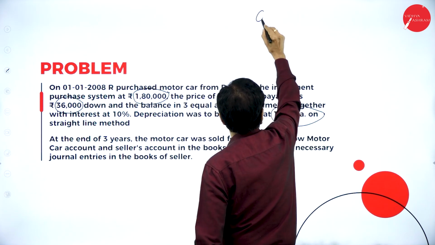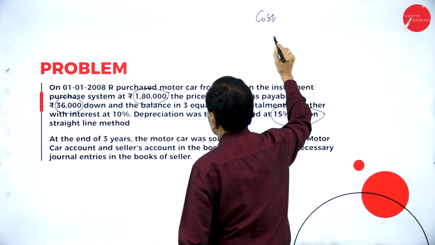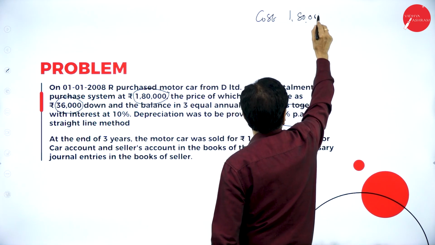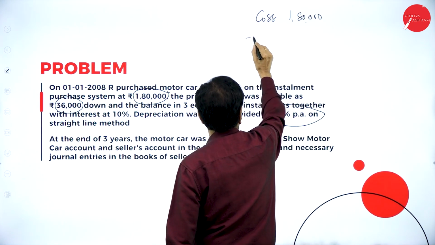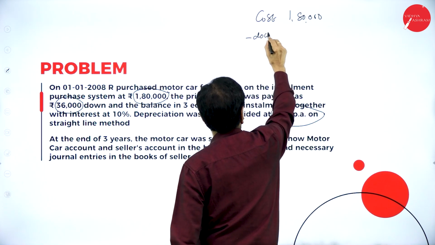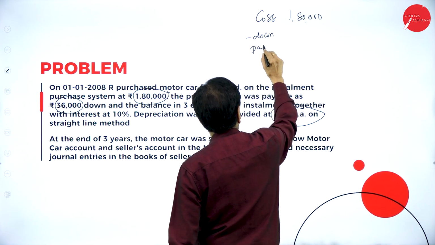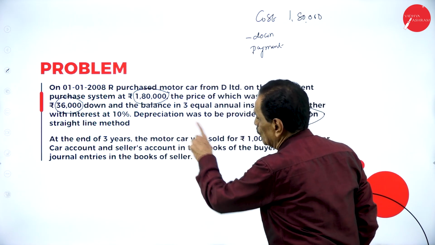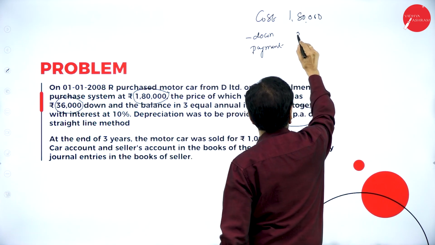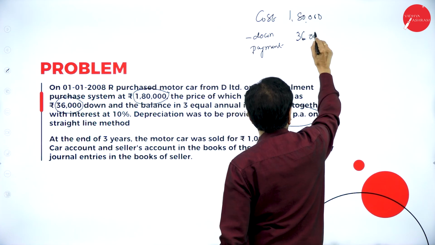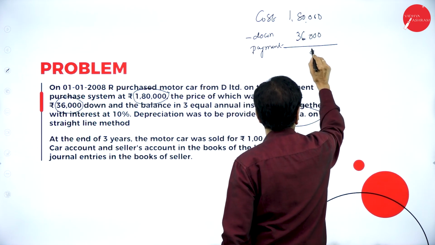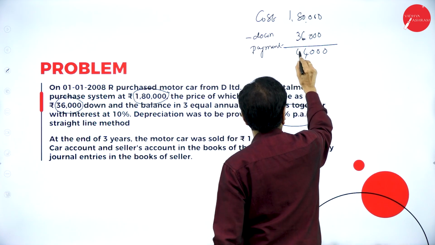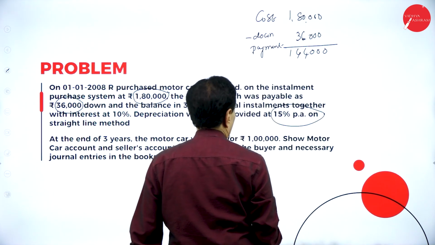What is the cost price? Cost 1,80,000 minus down payment. How much down payment is made? 36,000. Deduct, it is 1,44,000.